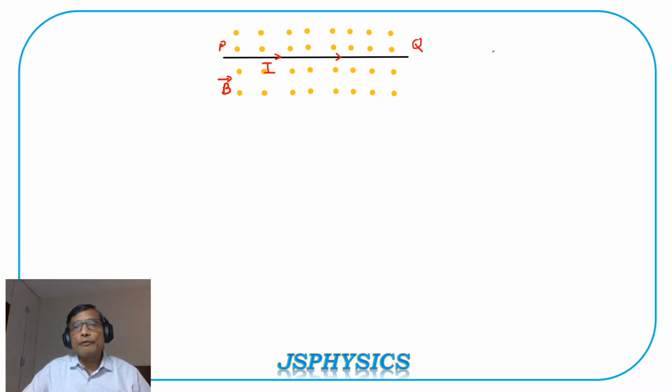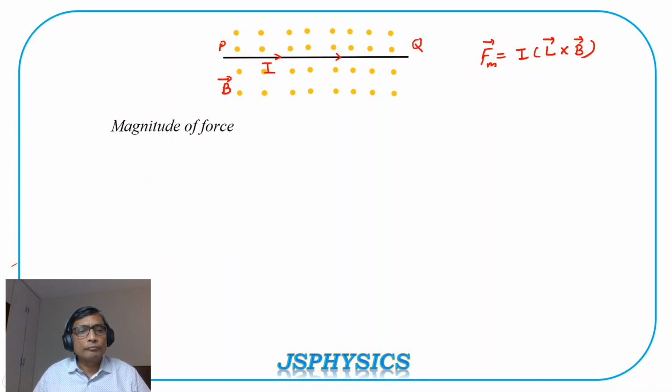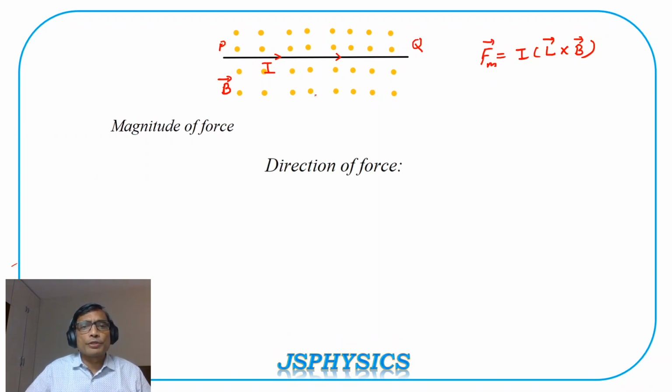So already we have derived this formula, F is equal to I into L cross B. The force acting on the conductor carrying current in a magnetic field is given by I into L cross B. Now, the magnitude of the force, as we know, is given by F is equal to ILB sine theta.